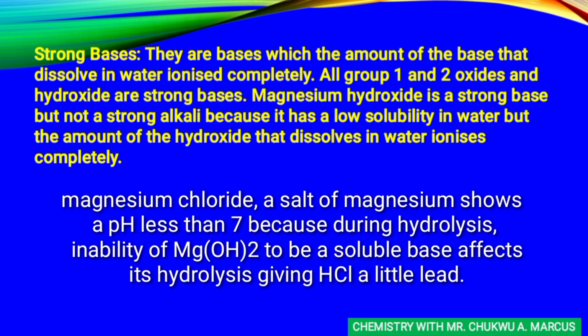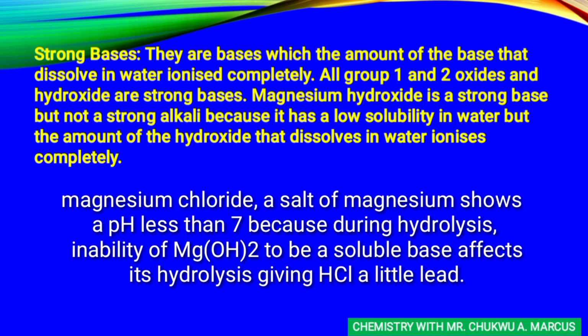What about the one that does not ionize? So it makes magnesium fall into a strong base and a partially weak base, because not all the hydroxide will dissolve in water. It is being reacted with something like an acid. Some of the strong acids may overshadow them in hydrolysis. For instance, magnesium hydroxide reacting with hydrochloric acid will give you magnesium chloride.